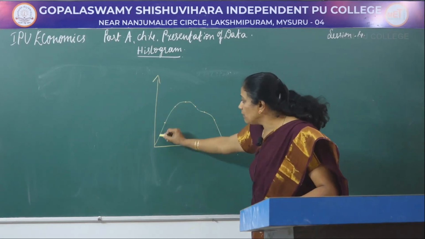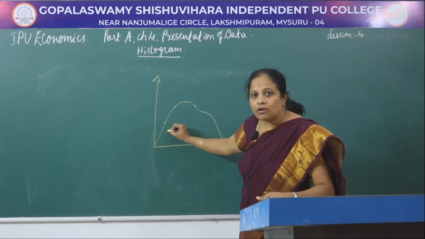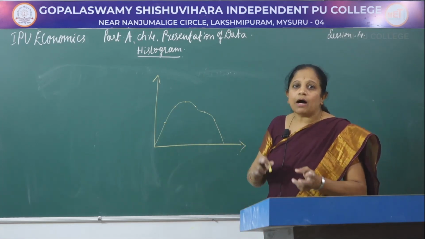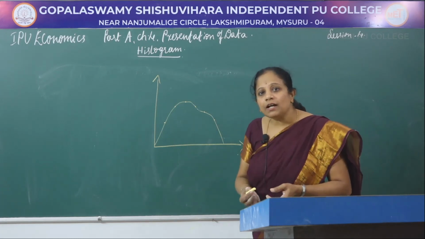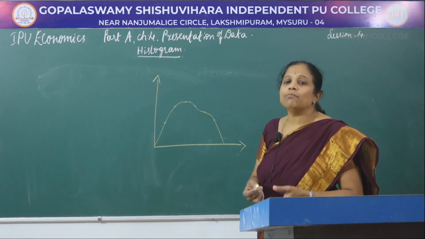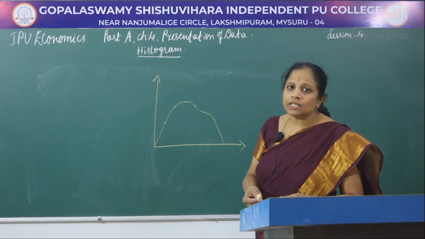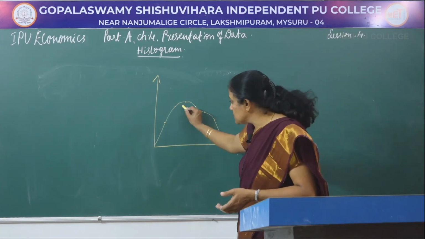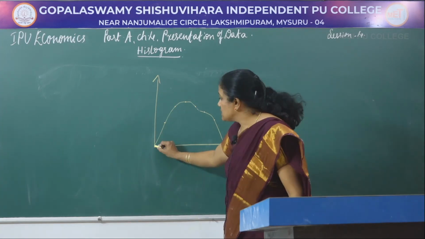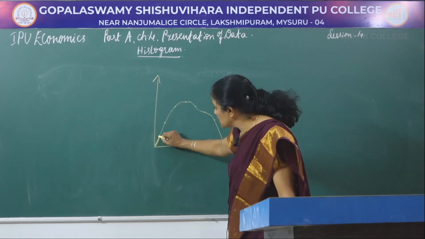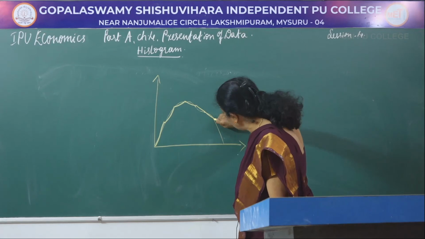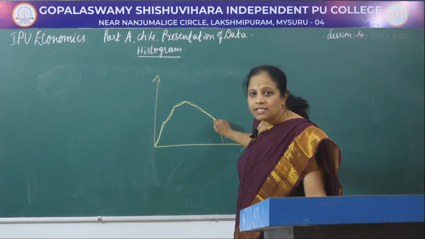So after the drawing of histograms, these mid values are marked, and then the frequency polygon is marked on them. But the frequency curve is a freehand smooth curve which can be drawn on a graph using the class mid values, and even this will give you the same detail that the frequency polygon gives you. As the frequency polygon with the scale, if we had done like this, it would have come like this, but the frequency polygon has come like this.